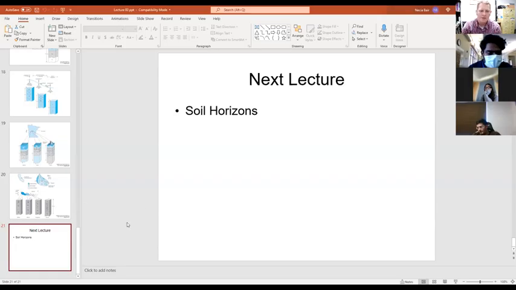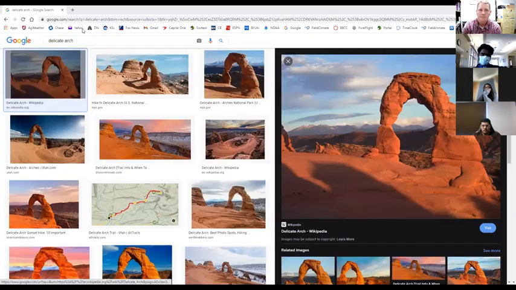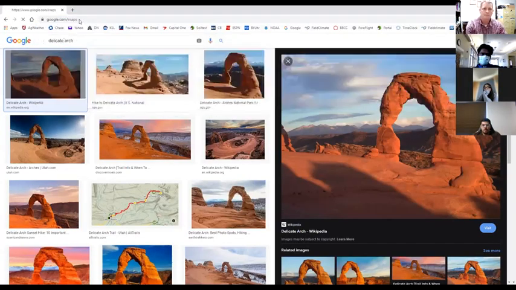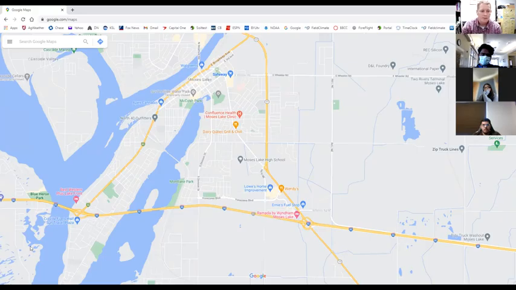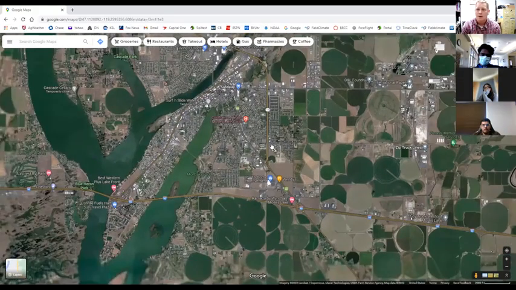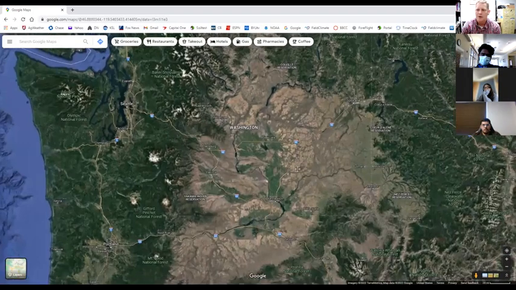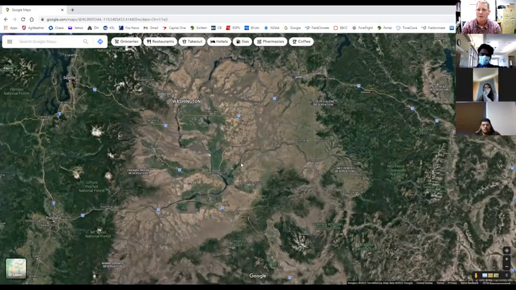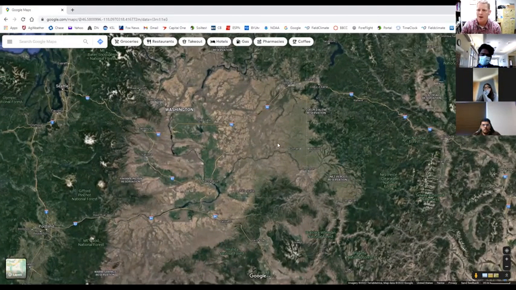Let's look at our state for a second, because I think we've got some good examples of most of these different sequences. All right, yeah, Washington's really a pretty good example of a lot of different types of sequences that we've got.